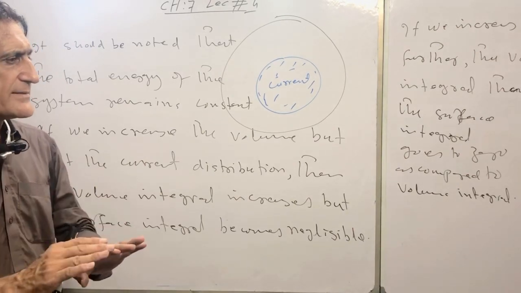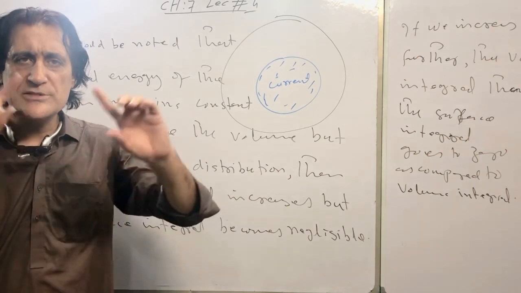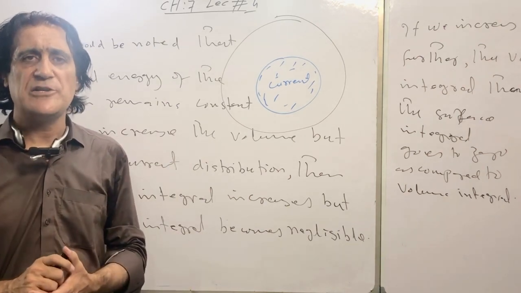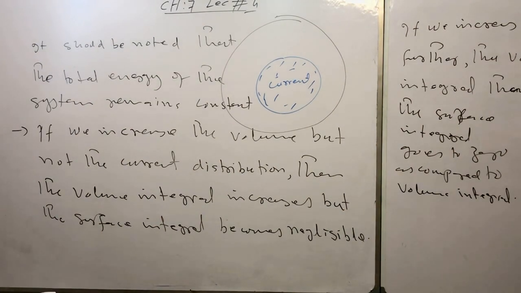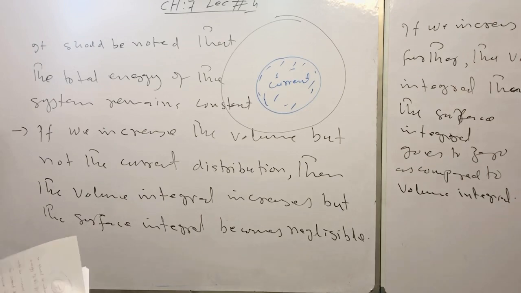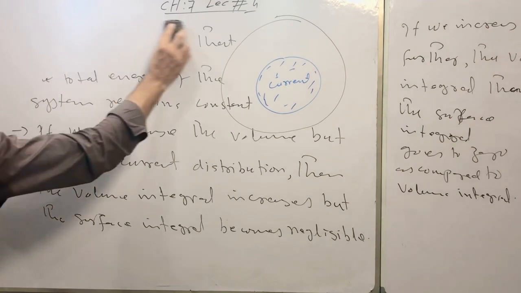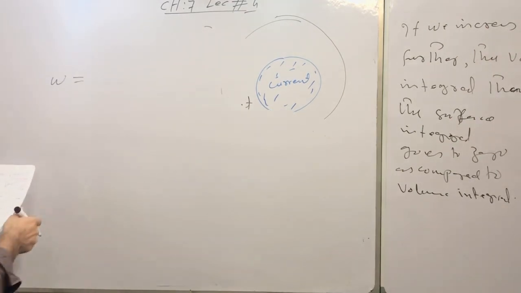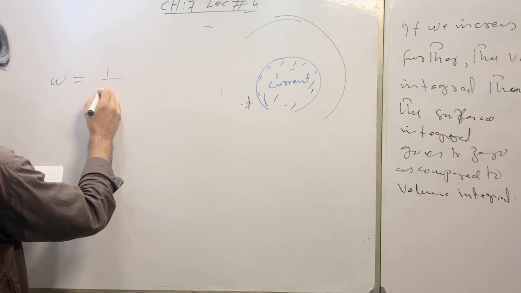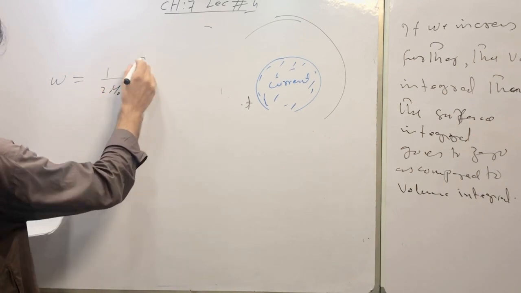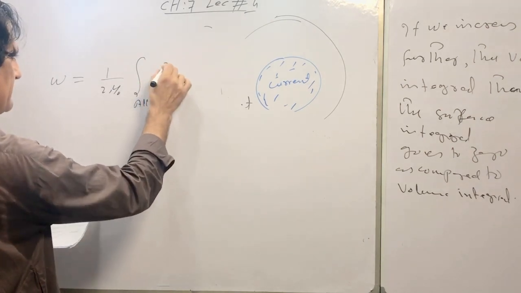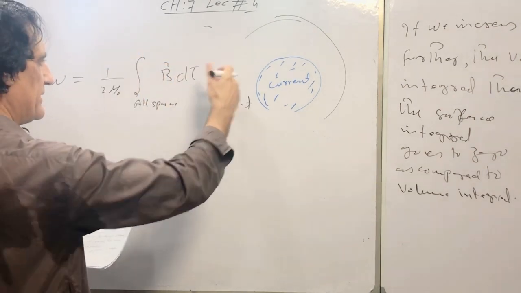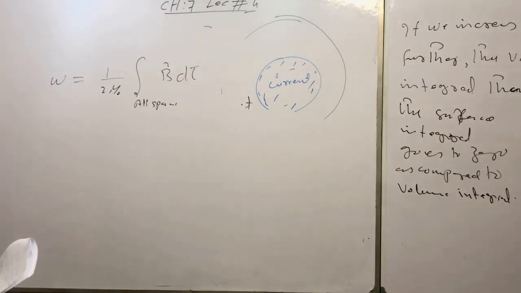So we can say that for the whole space only the volume contribution will occur. Finally, the surface integral will vanish, and for all space the contribution will be only in volume and the surface will be neglected.